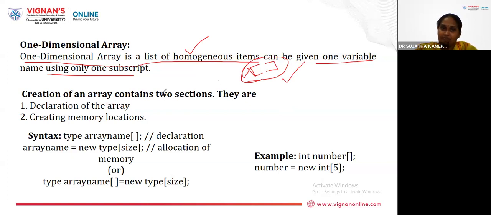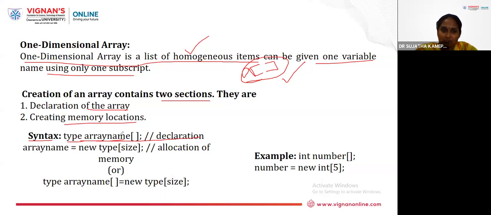Now, how to create an array in Java? Creation of an array contains two sections. One is the declaration of the array, and another is creating memory allocation to the array. Here you can see the syntax for creating an array. Type, array name followed by a single subscript since it is a one-dimensional array. This portion is called declaration.